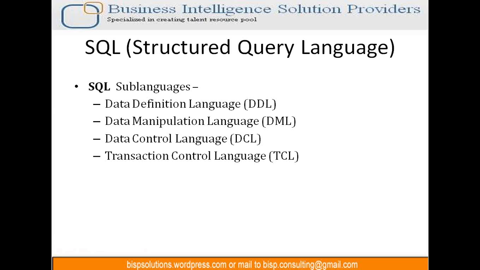Now, what do you mean by database objects? A table is a database object. So if you are creating a table, or if you are altering the table, modifying the table, dropping the table, all this is done with the help of data definition language. Data manipulation language allows us to manipulate the data in the table.